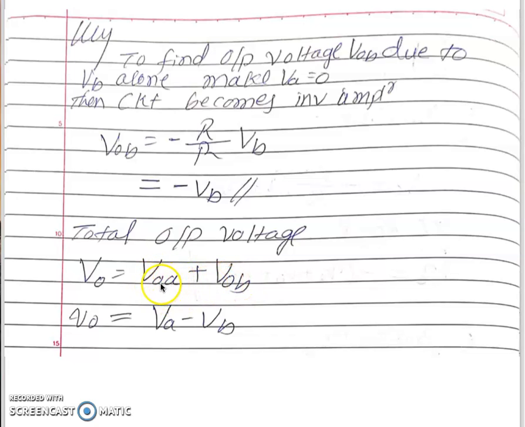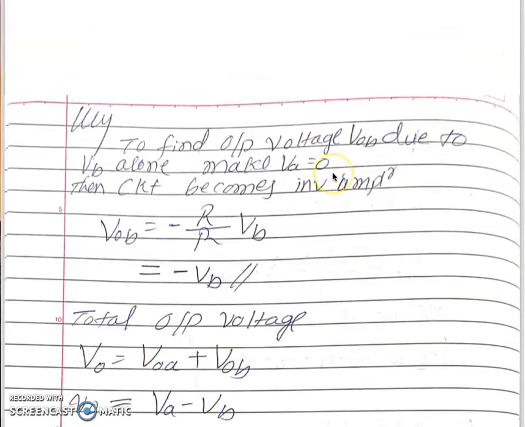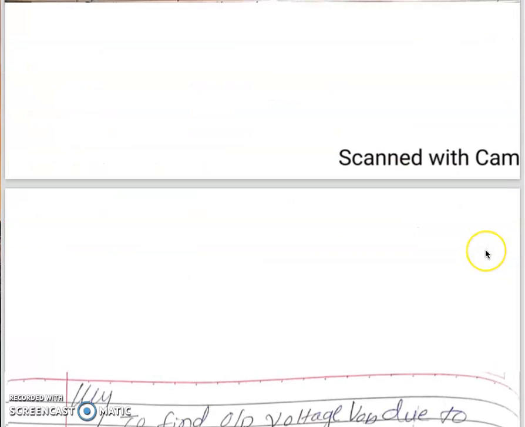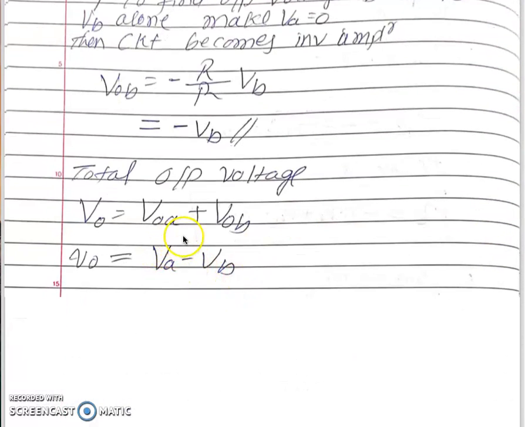VOA in the last step we found to be VA, so we substitute VA here. And VOB we just found to be minus VB. So the output voltage is VA minus VB.